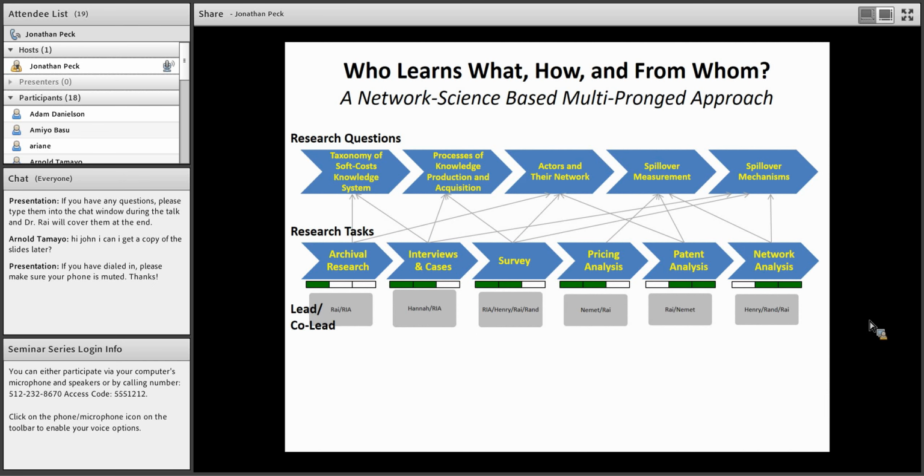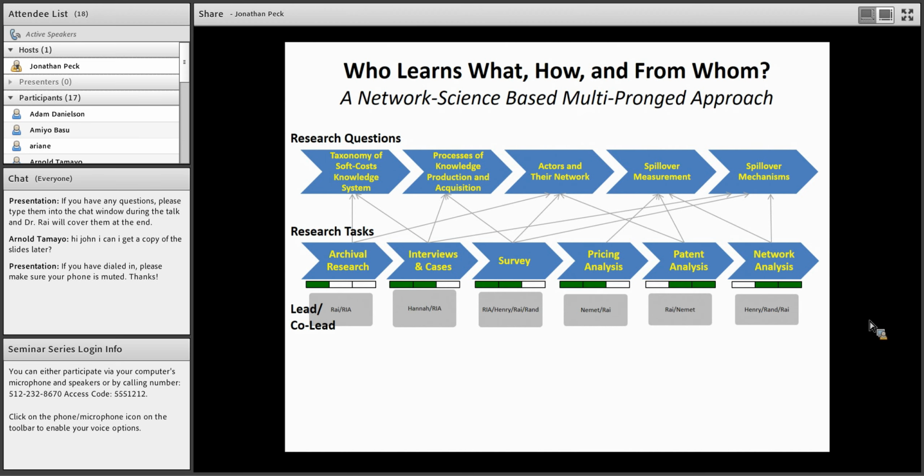And we are taking a multi-pronged approach to get to this question, beginning with a very detailed taxonomy of the soft cost knowledge system. And I'll say a little bit more about that, but that's essentially what are the different pieces of soft cost, not at the very high level, but actually at a very detailed level. And then within each of those different elements, trying to understand what are the processes for knowledge production and acquisition.